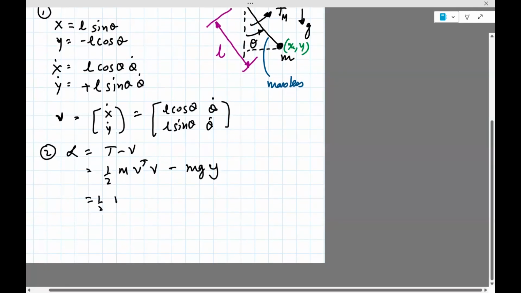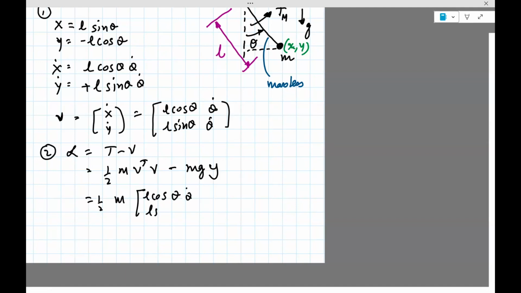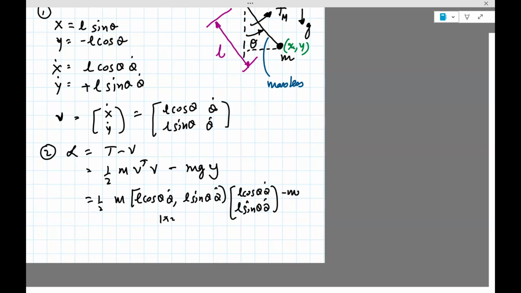So half m times the transpose of L cosine theta theta dot, L sine theta theta dot, times the vector L cosine theta theta dot, L sine theta theta dot, minus mg y.